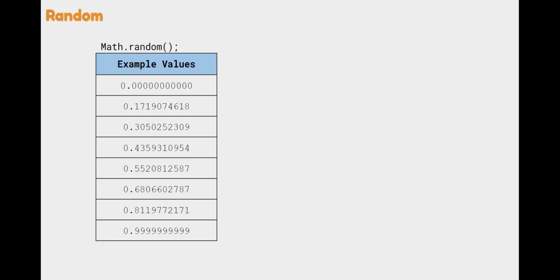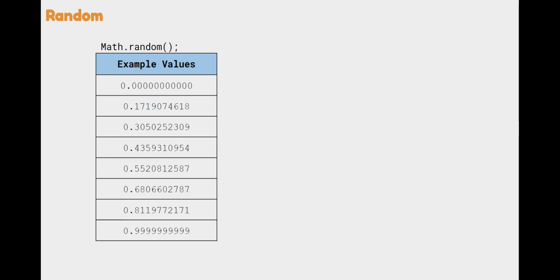So again, here are some example values that we can get returned from Math.random, from 0.0 up to 0.99999, which makes the question, what good is this method if these are the types of values that it is going to return?